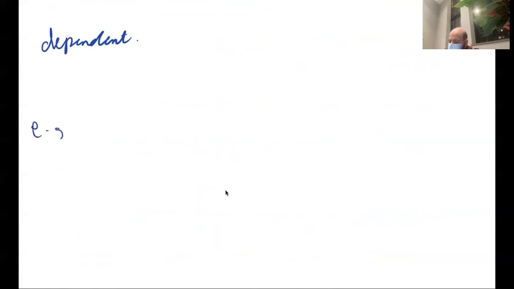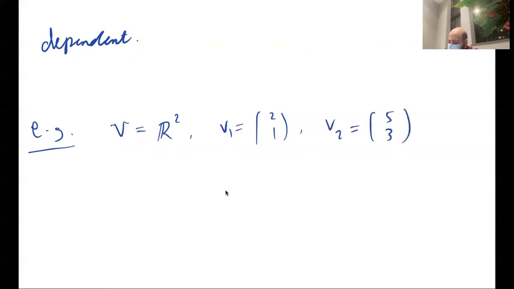Or another example: let's say again we have V in R2, and V1 equals (2, 1) and V2 equals (5, 3). This time we can check that V1 and V2 are linearly independent.